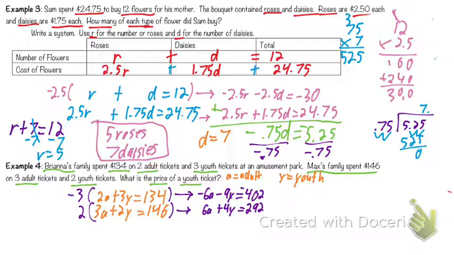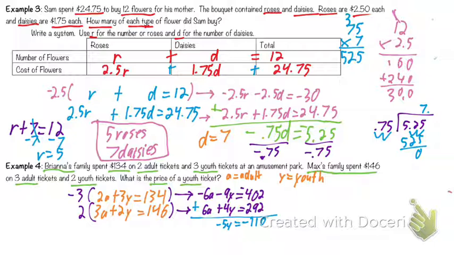See, I'm double checking my math there. Yeah, I do believe it's correct. Okay. So let's go ahead and add these. Negative 6a plus 6a, 0. Negative 9y plus 4y, negative 5y. Very good, Brady. Negative 402 plus 292. Okay. Negative, not 210. Negative 110, okay?